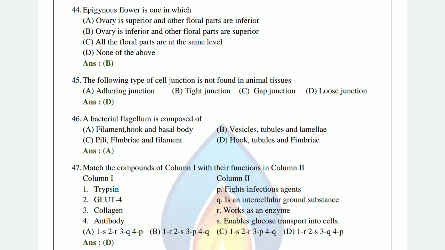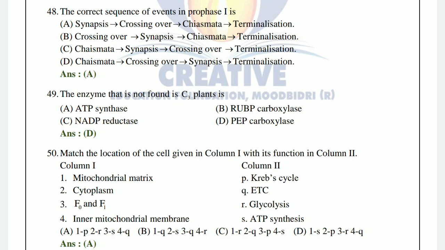Question 46. A bacterial flagellum is composed of option A, filament, hook and basal body. Question 47. Match the column 1 with the functions of column 2. The correct option is option D, that is 1, 2R, 2S, 3Q and 4P. 48.